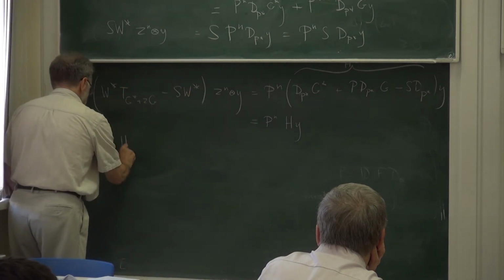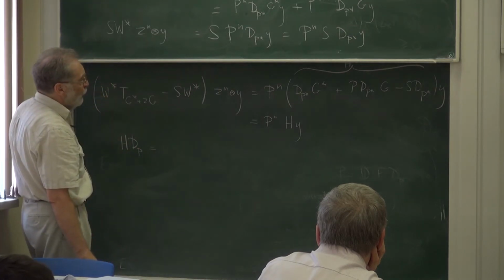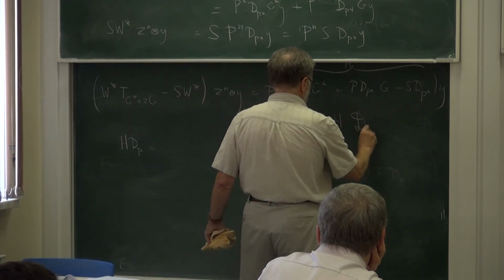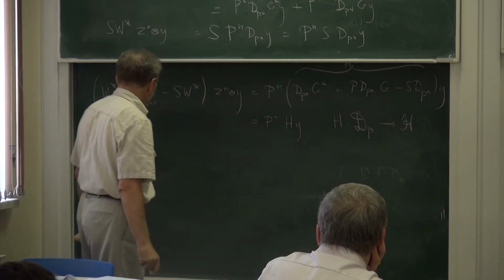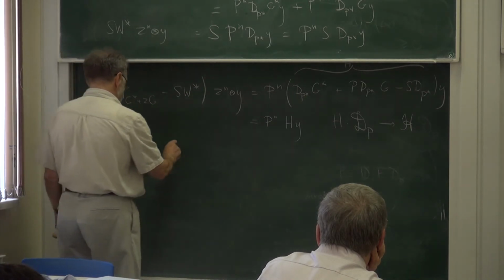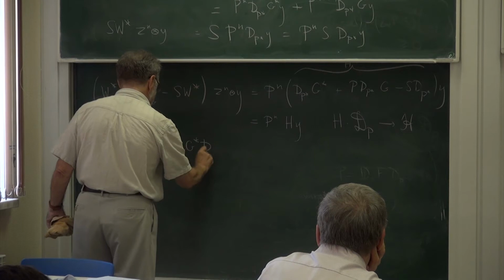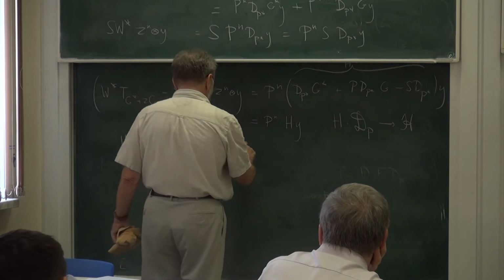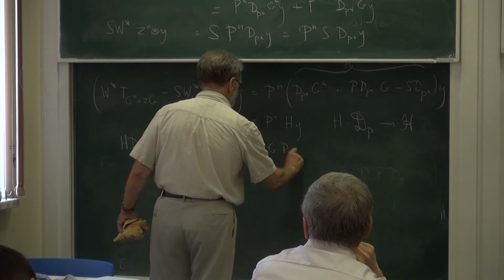Well, we could look at h times dP, because h goes from the defect space dP into the Hilbert space h. So if we look at h times dP, it's dP star G star dP star plus P dP star G dP star.